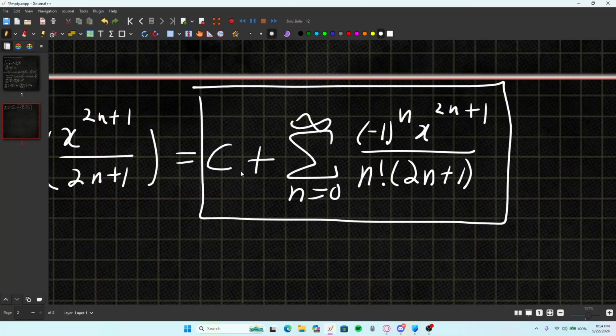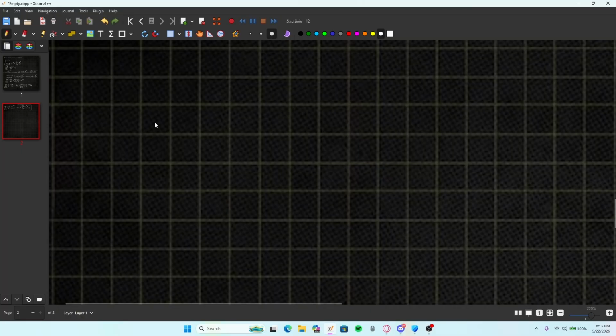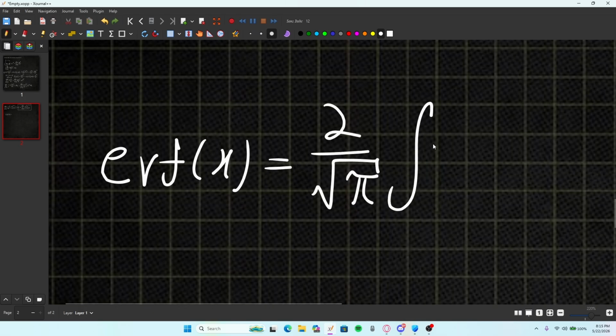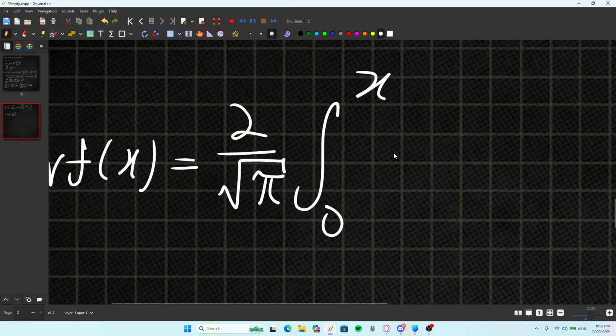And actually, there's a better way to define the indefinite integral of e to the -x squared. For that, we're going to talk about the error function, erf of x equals 2 over the square root of pi times the integral from 0 to x of e to the -t squared dt.